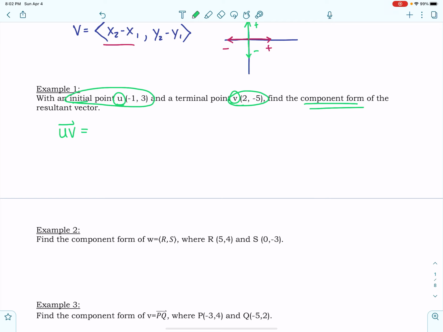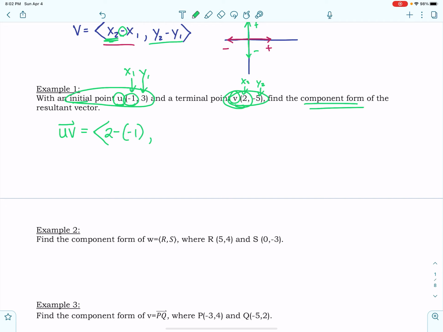And so if I want the component form, this one right here, that's my initial point. So that's x1, y1 here, and this is x2, y2. So for component form, I'm going to take x2, just like up here. So that's 2, and then it's going to be minus this x. Well, that's a negative, so make sure you're putting that in parentheses.